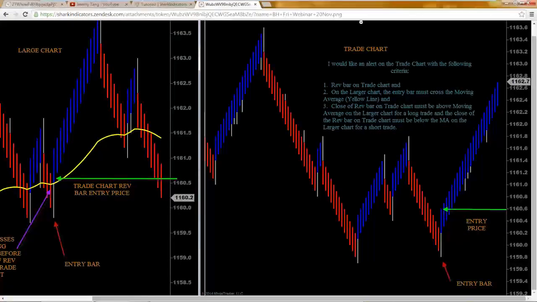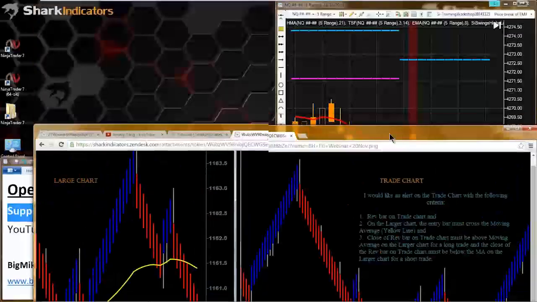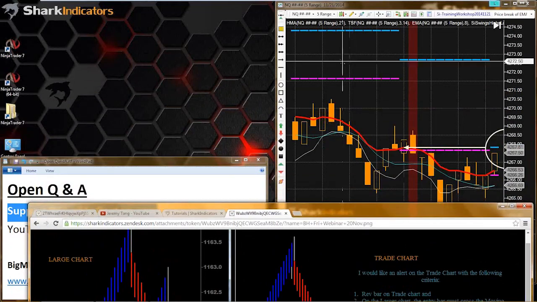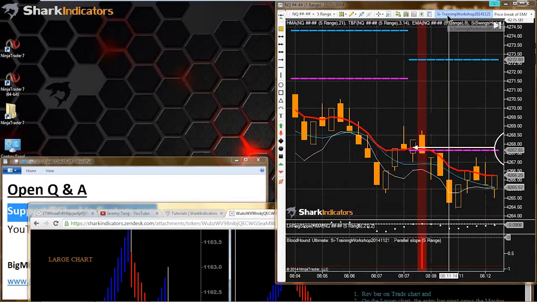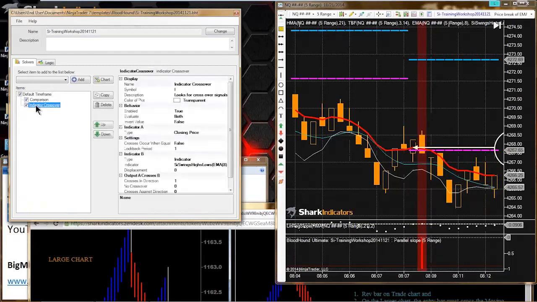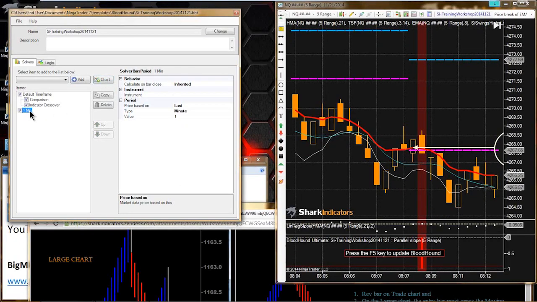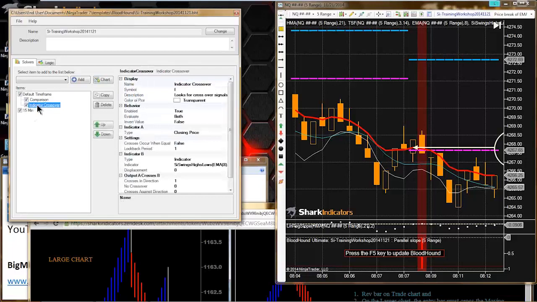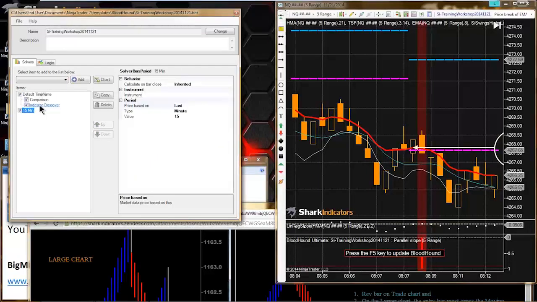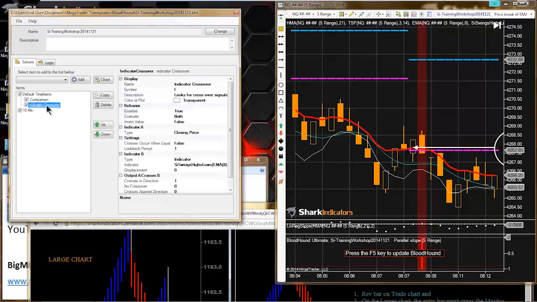But currently, with the way solvers operate in BloodHound right now, let me add another chart on here. We'll make this a 15-minute chart to represent a higher time frame. So right now you can see the entire solver is operating on one time frame or the other.